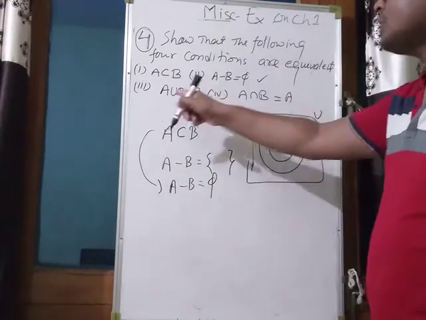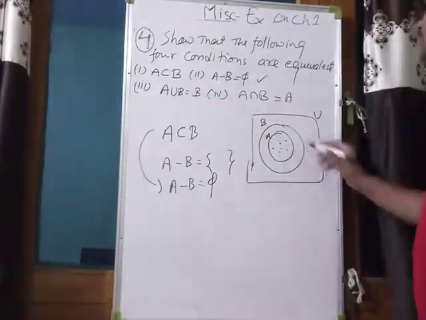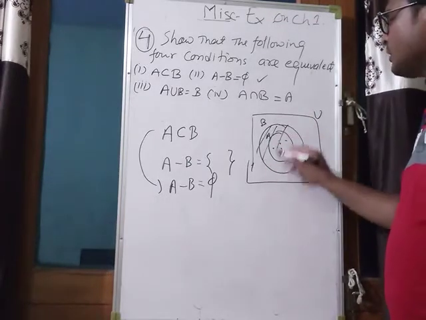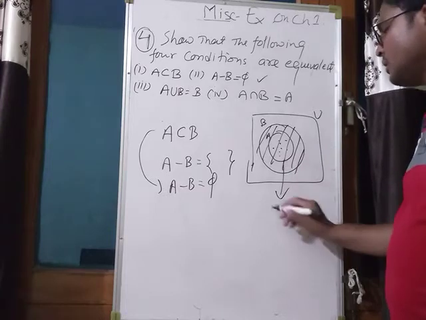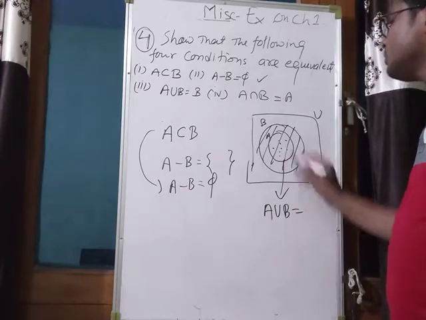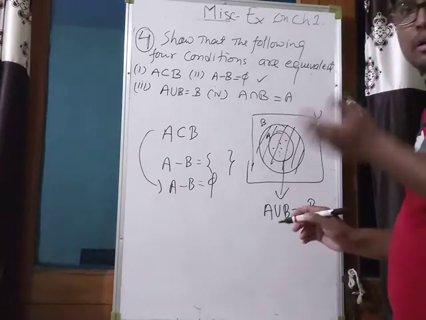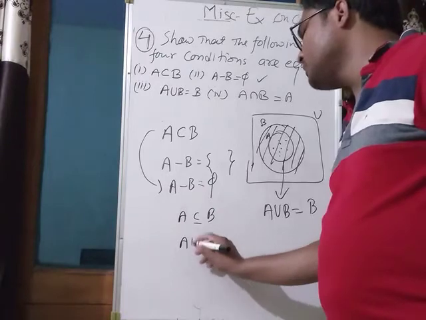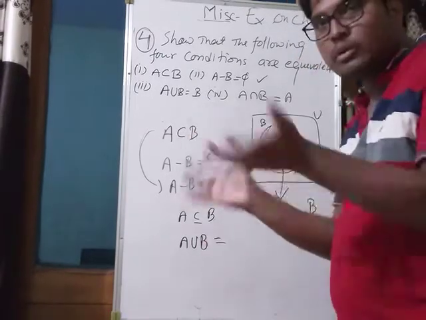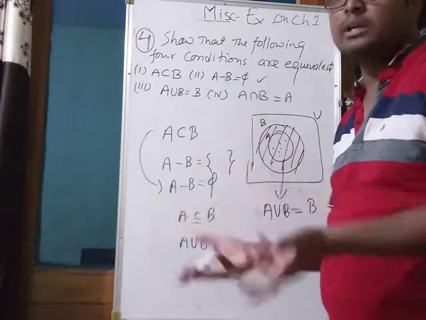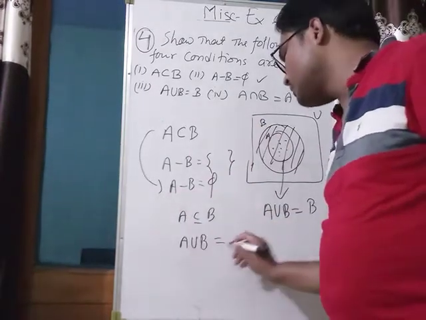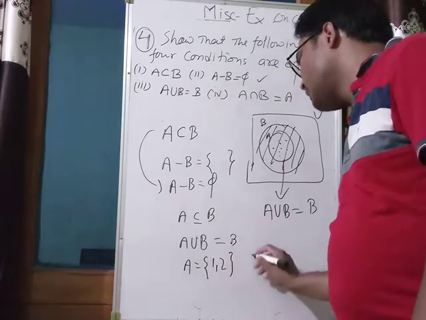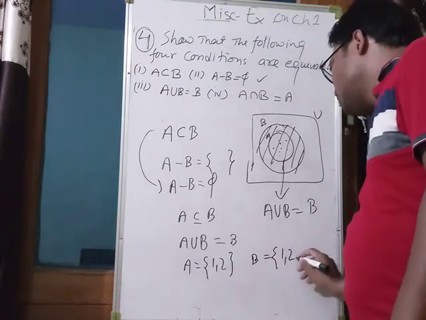Okay. Now A union B equal to B. If A is a subset of B, then A union B contains the elements of both, so clearly only the elements of B will come, that is B. For example, A contains 1, 2 and B contains 1, 2, 3.